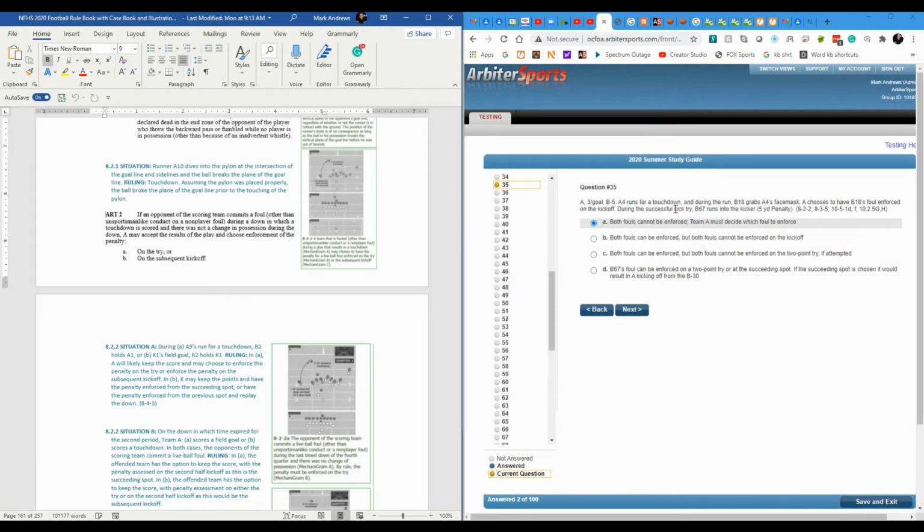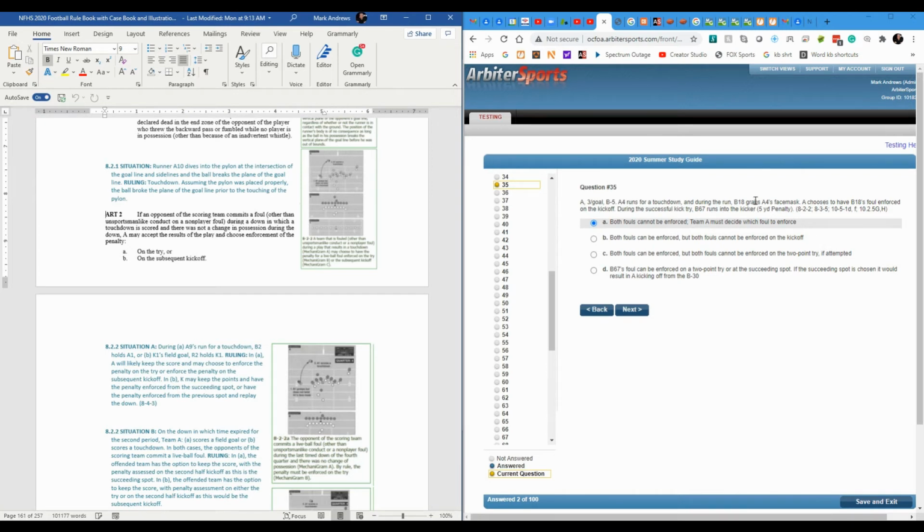During this successful kick try, so they've gone for 1 point, B67 runs into the kicker, which is why I had to redo this question, because when I read this, I thought he roughed the kicker, but it says runs into. It actually said run into the holder, but I changed this to make it a little easier.